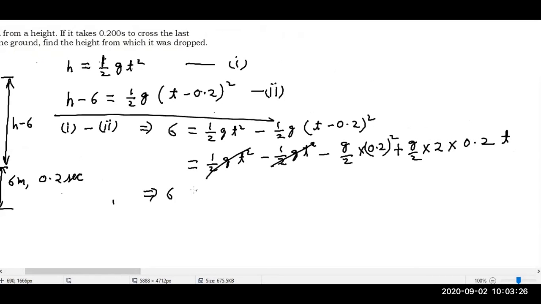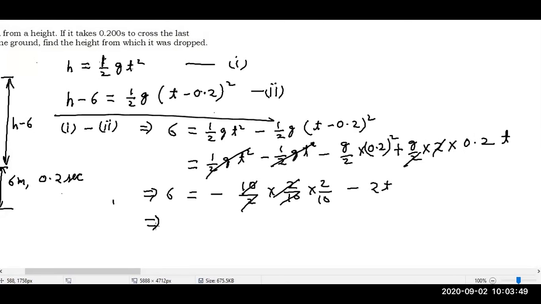So we are having 6 equal to, if you solve it further, g is 10. So it will be 10 by 2 into 2 by 10 and 2 by 10. So this is cancelled, this is cancelled, these two are cancelled, and we will have g is 10 into 0.2, so 2t.